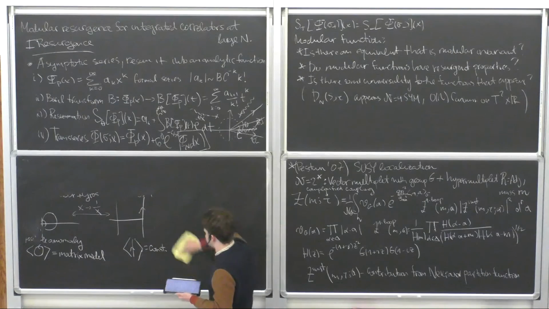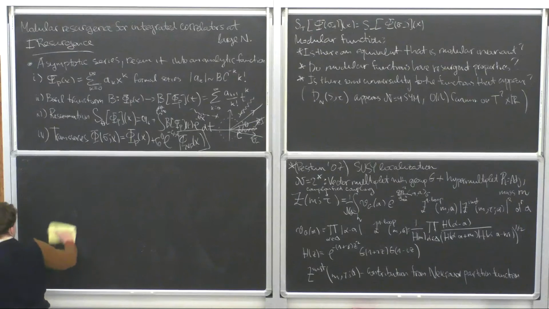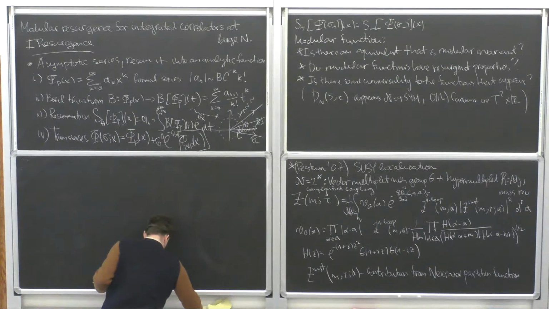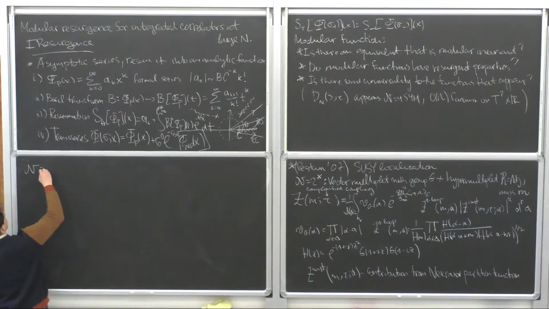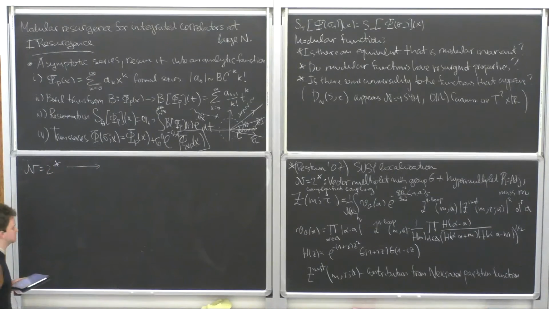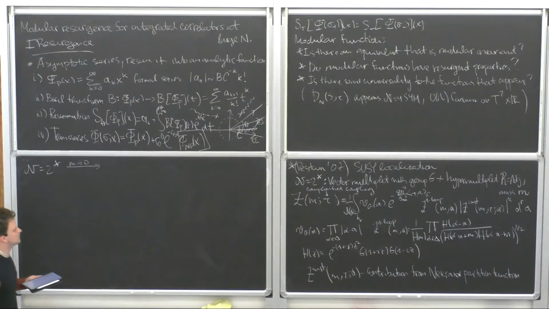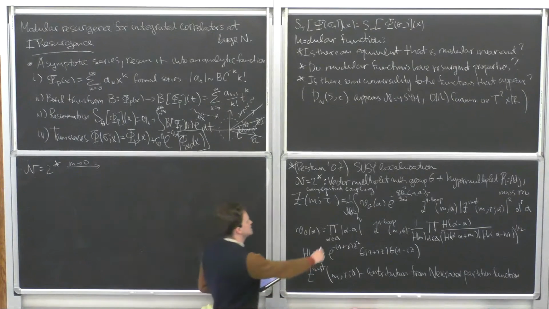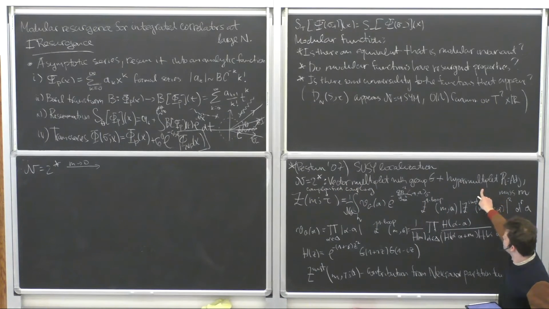So the next question that we have is an observation: if I take this N=2* theory, it had a parameter which was the mass, and what I can do is just send the mass to 0. If you look at the kind of matter that sits inside here, it was tuned very carefully.